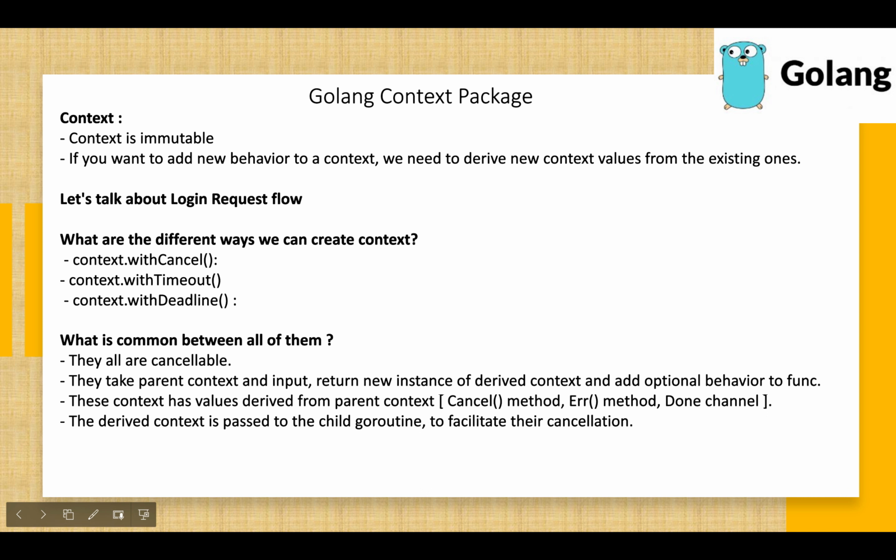Let's say the login request context is created with cancel method and the database call is created with timeout. The reason we are using with timeout to make a database call is that we want the database call to finish within a given time frame to generate a response, as well as we are making sure the login request is cancelable so that we can cancel the request.